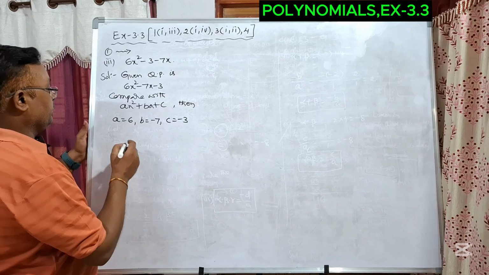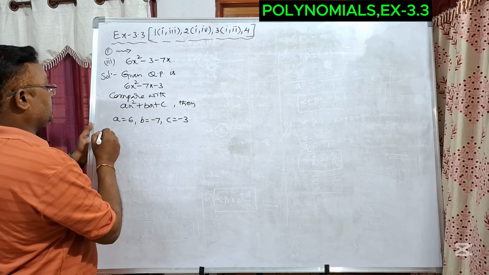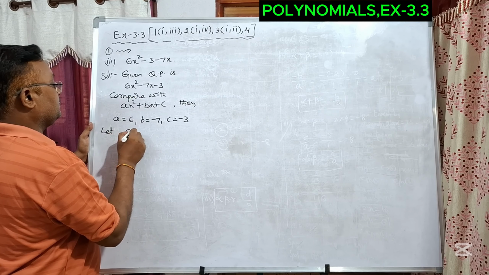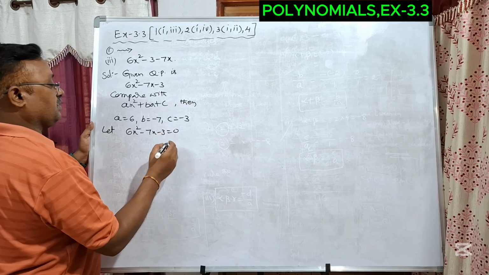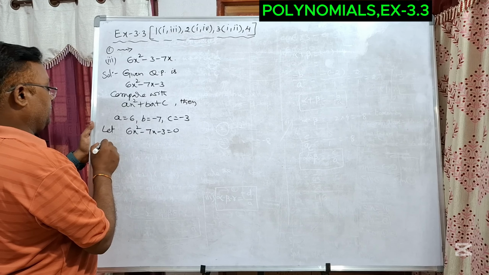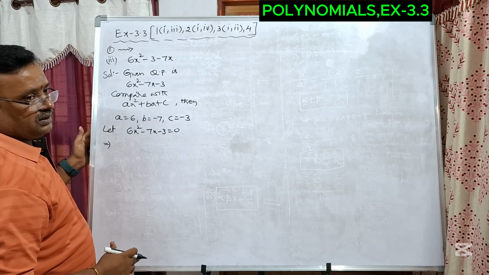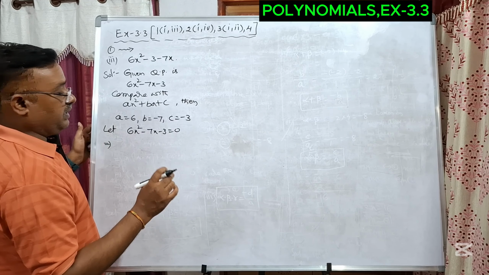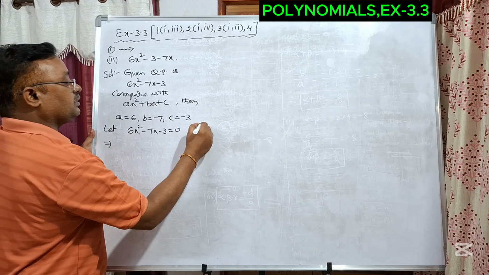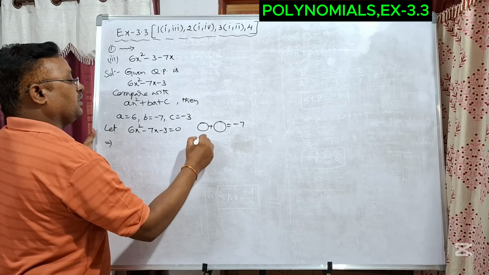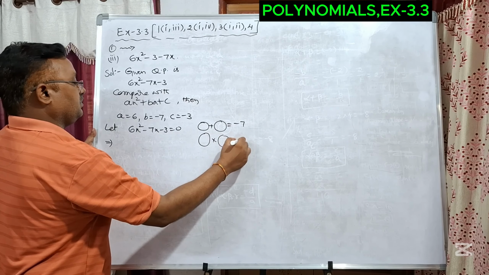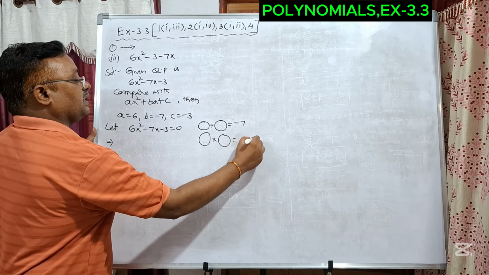Right. Now, to find out the zeros, let 6x square minus 7x minus 3 equal to 0. So now try to split the term, split the middle term for factorization. We need two terms whose sum should be equal to minus 7, whose product should be equal to minus 18.